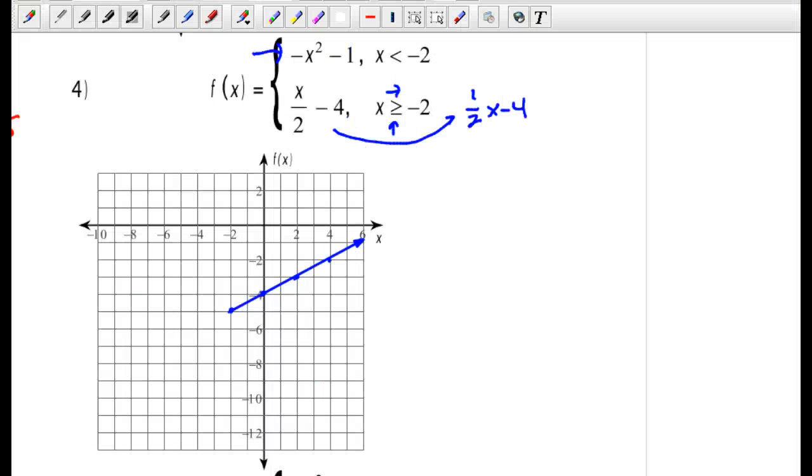So one thing you could do is go through and graph the whole thing. Alright, do a T-chart and do whatever we need to do.